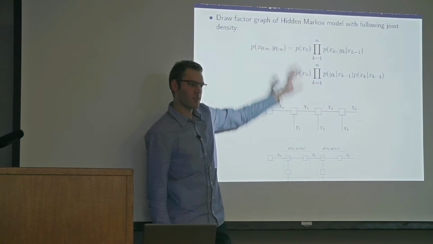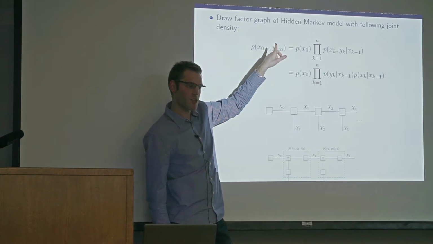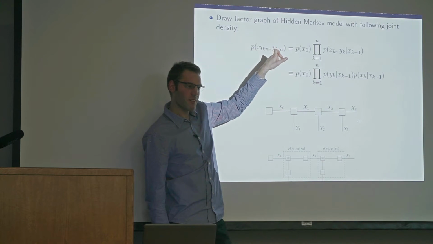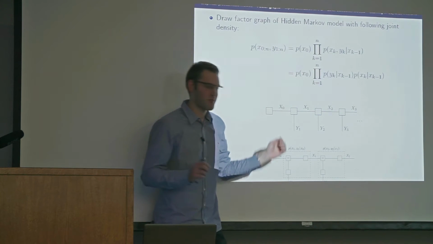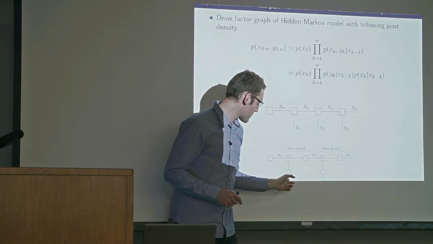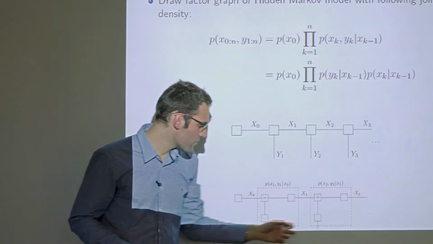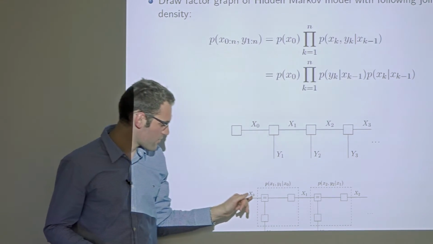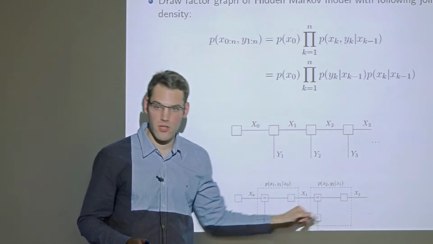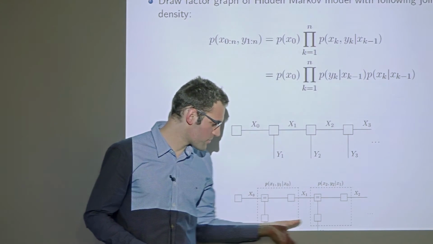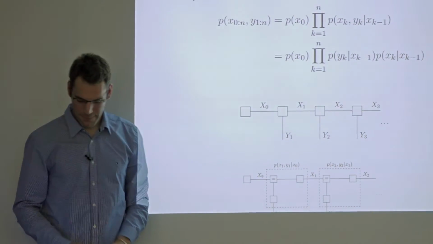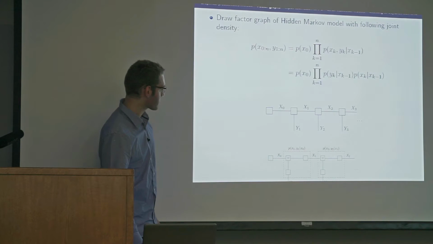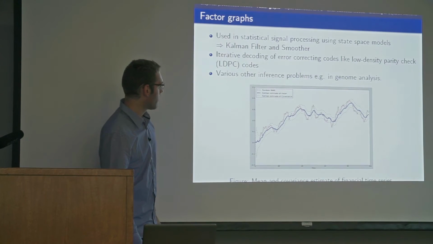Or was the image always not completely on the screen? Doesn't matter, I hope you forgive me for that. Here I would have written y1, y2, and so forth. It's called a hidden Markov model because you have a hidden layer of variables which you do not observe, and here the observed layer of y's.